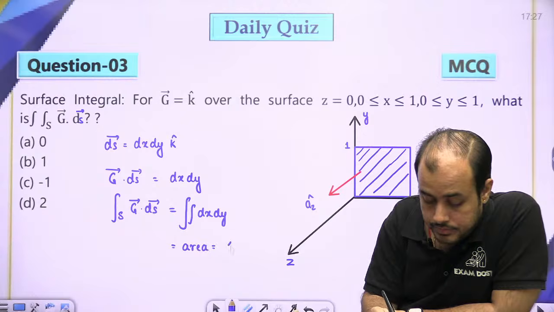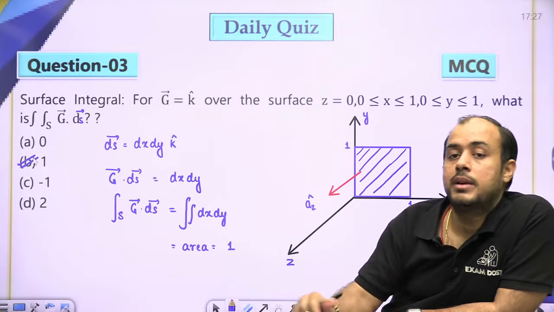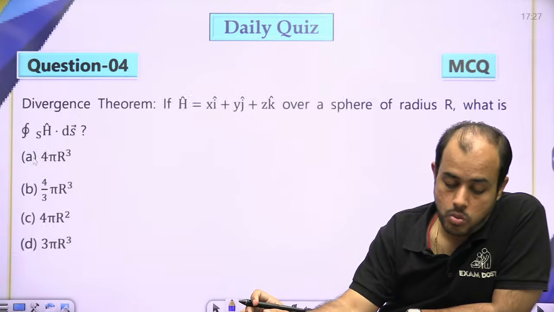Yeah. लॉजिक समझ में आया कैसे निकालते हैं सरफेस इंटीग्रेशन भाई? आंसर इज 1.